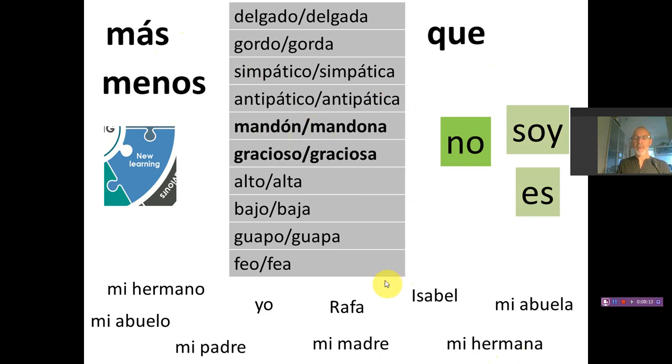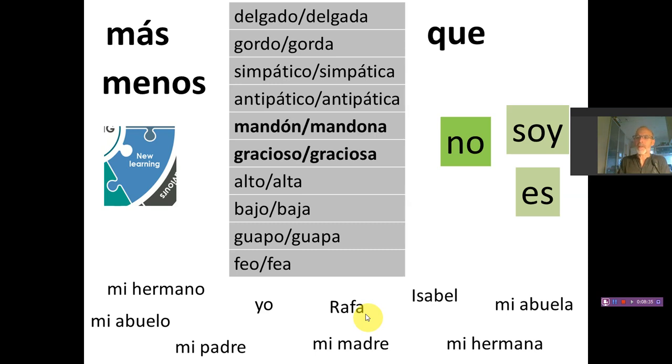If I wanted to say Rafa, because Rafa is a name in Spanish, a boy's name, it's short for Rafael. So Rafa and Isabel are two Spanish names. Isabel's clearly a girl's name. If I want to say Rafa is taller than Isabel, we can't actually say taller in Spanish.